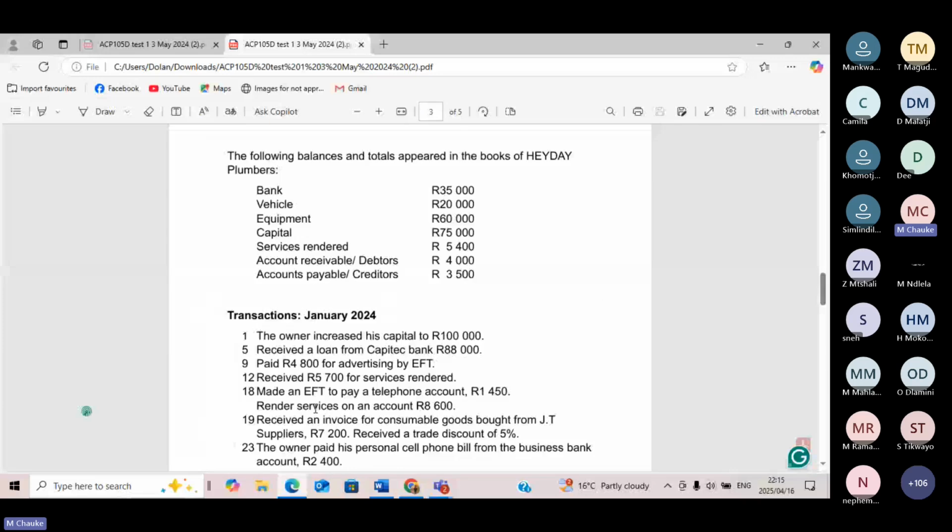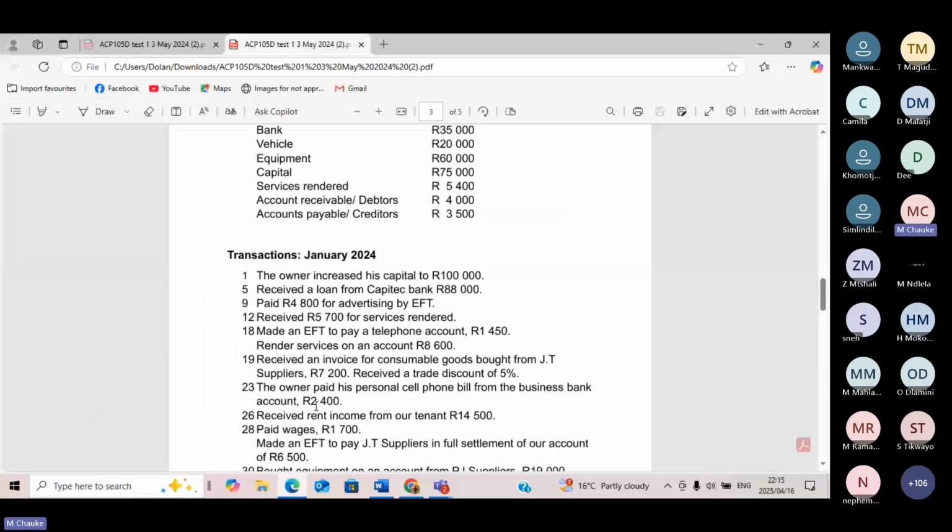And then let's go to the next transaction. The next transaction is the transaction that happened on the 12th. They say received 5,700 for services rendered. So when you receive money, bank, right? So it means you've got bank, and we have to create another account called services rendered.